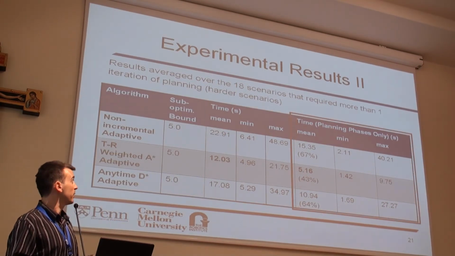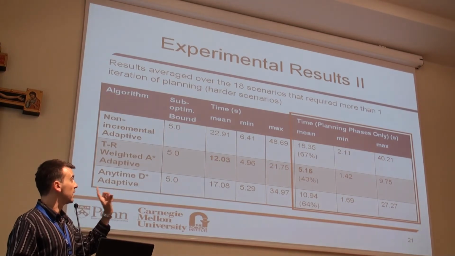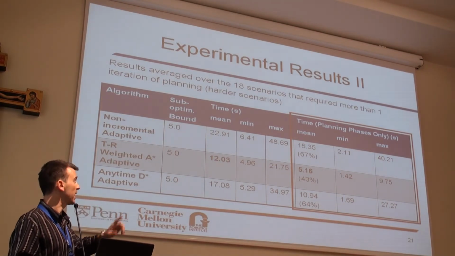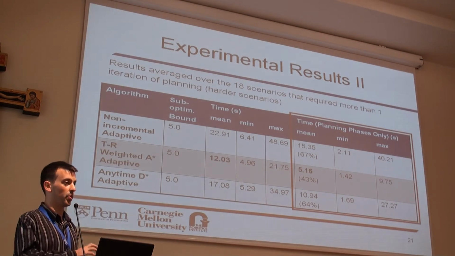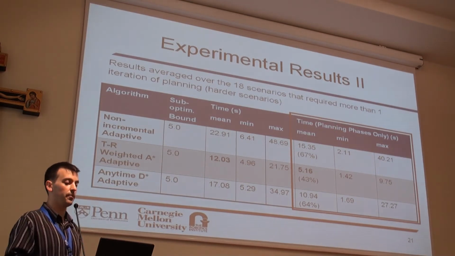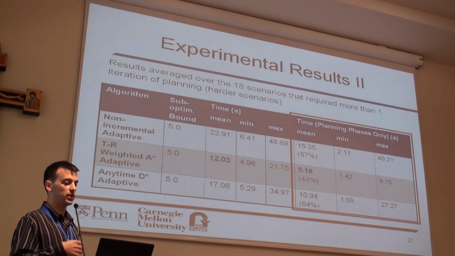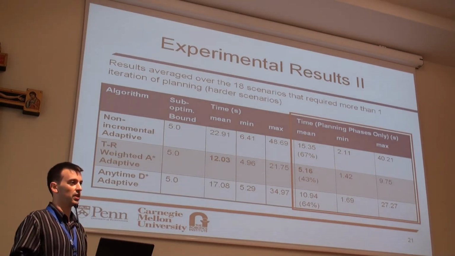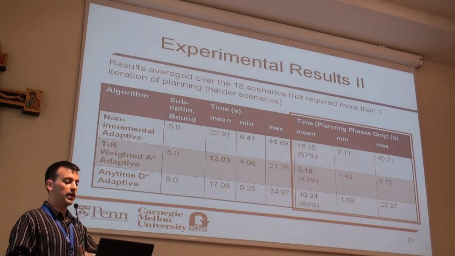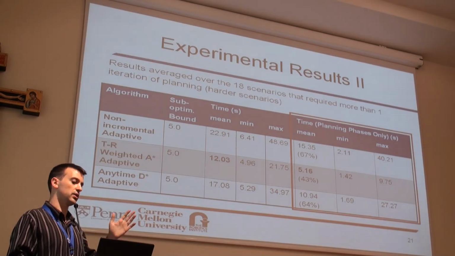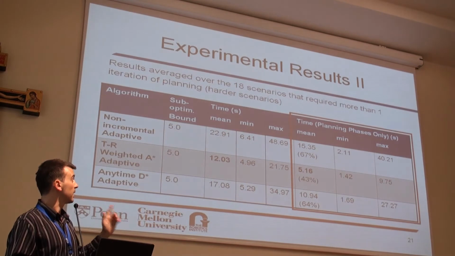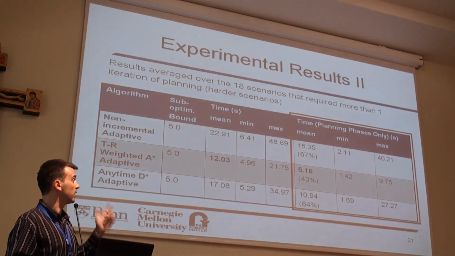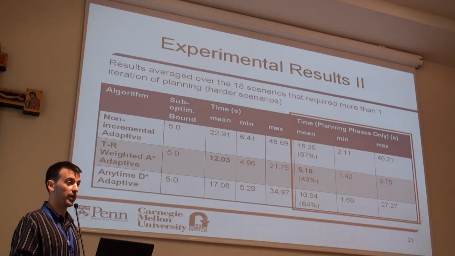Also on the right here we have the time that the planning phase took, so the search through the hybrid state space, which is the incremental part, which is the part that we made incremental. The search through the tunnel is not incremental, and here we only compare the search through the hybrid state space. Here we can see that the planning phase actually improves by a factor of 3.